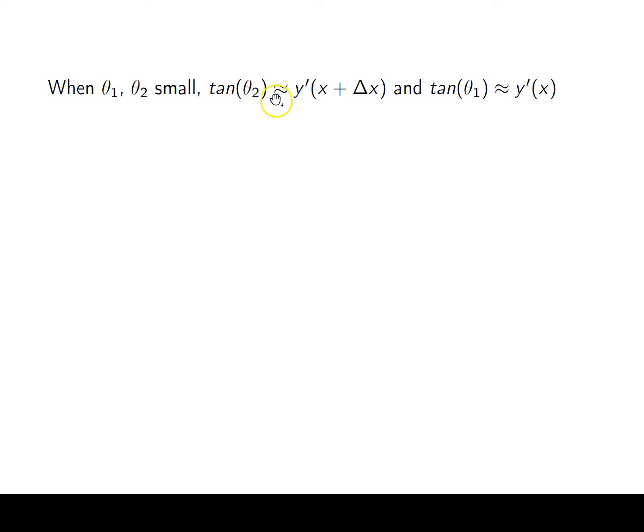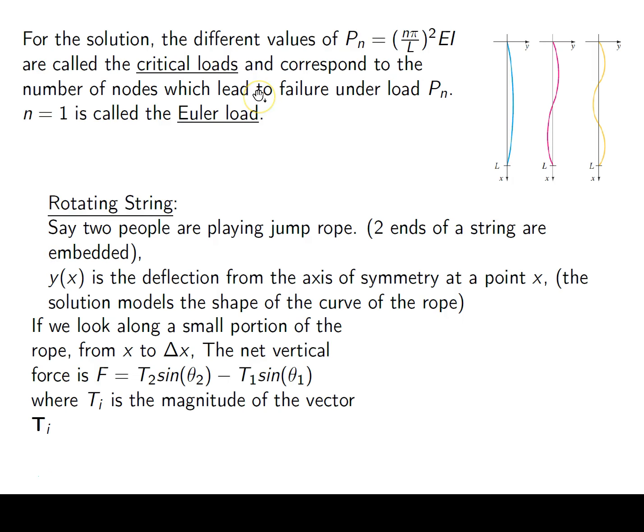Okay, when these angles are small, the tangent value is approximately the same as the derivative at the endpoint for theta 2. Theta 2 is at x plus delta x. Theta 1 is at x.